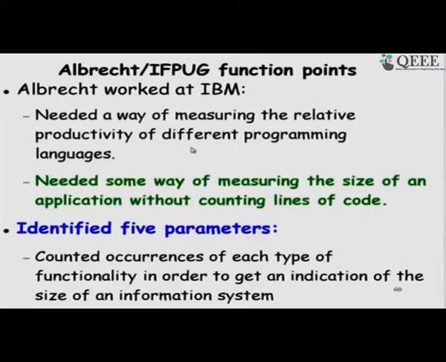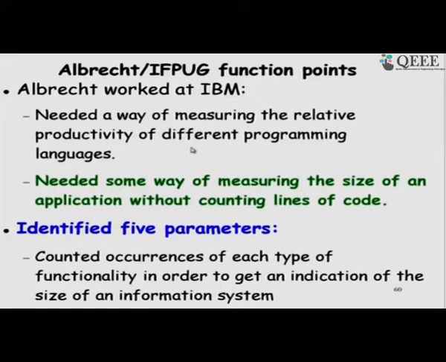And then one thing that was obvious to him is that there is a relation between the number of features or functions that the system supports, because each function has to be implemented.